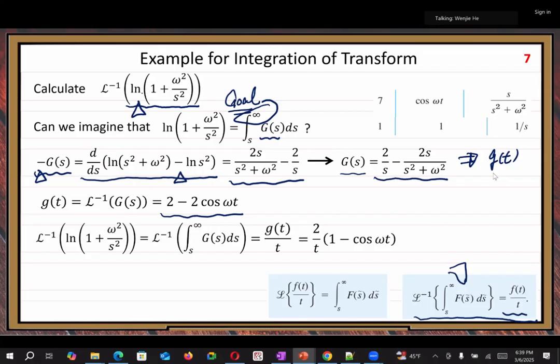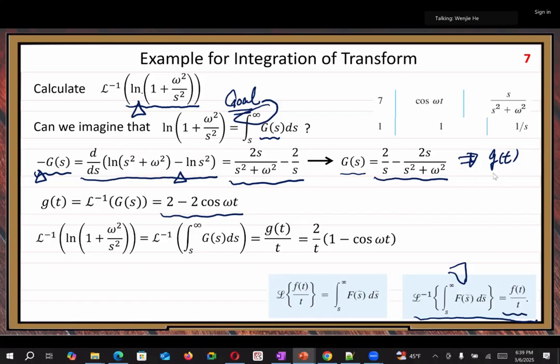So why do we want to connect to the derivative? The reason is we know when we take a derivative of a natural log function, then the natural log is gone. This experience is important.